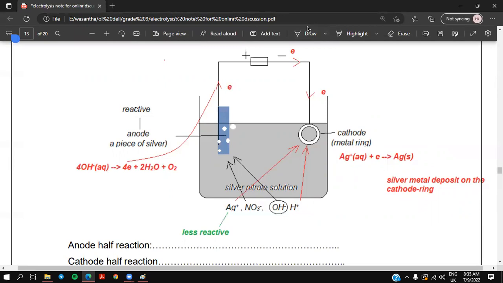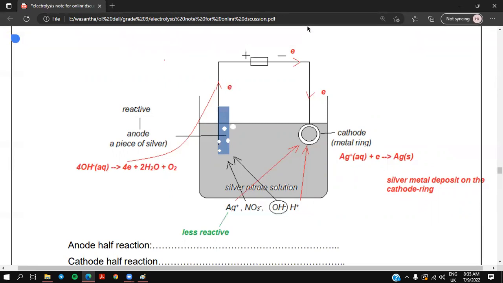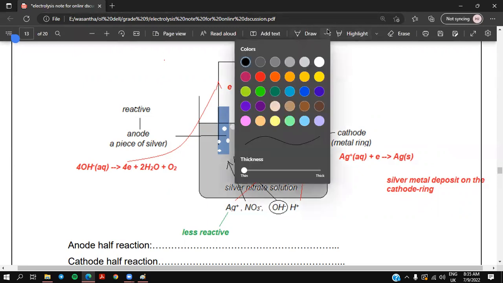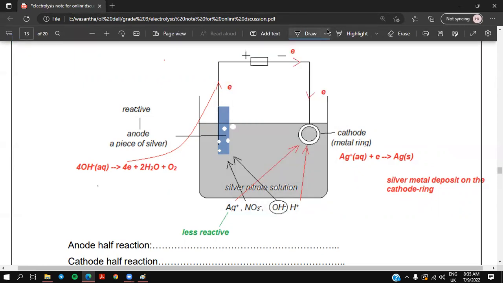You can write unreactive. Please change this. Unreactive anode. Not silver, graphite. Please change like this.